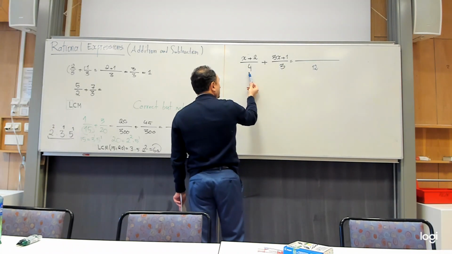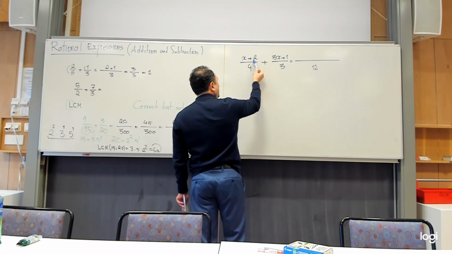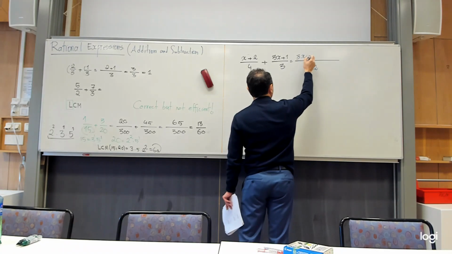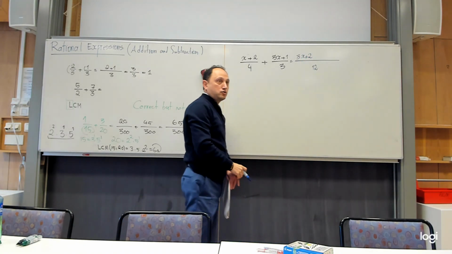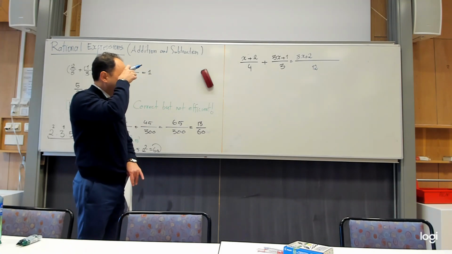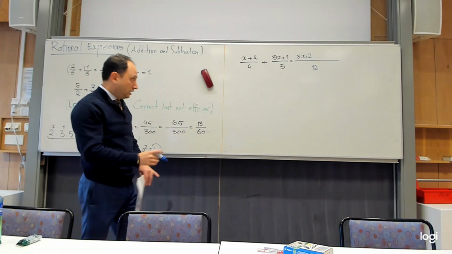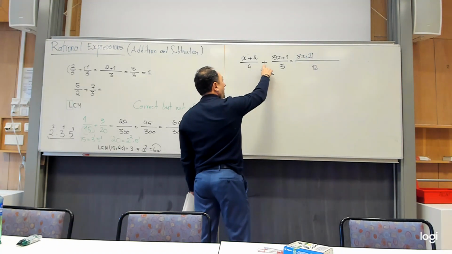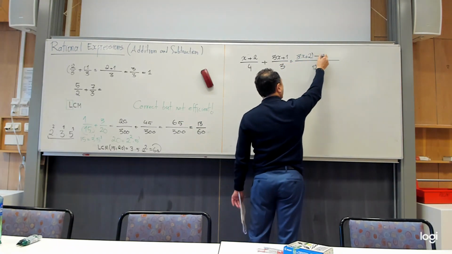What's the answer? 3. And then you multiply 3 by its own numerator. But this is the wrong way of writing; if you write it in that way, that's wrong. What should I write? You should put it in parentheses, a pair of brackets. And then I have addition, so I put a plus sign here.